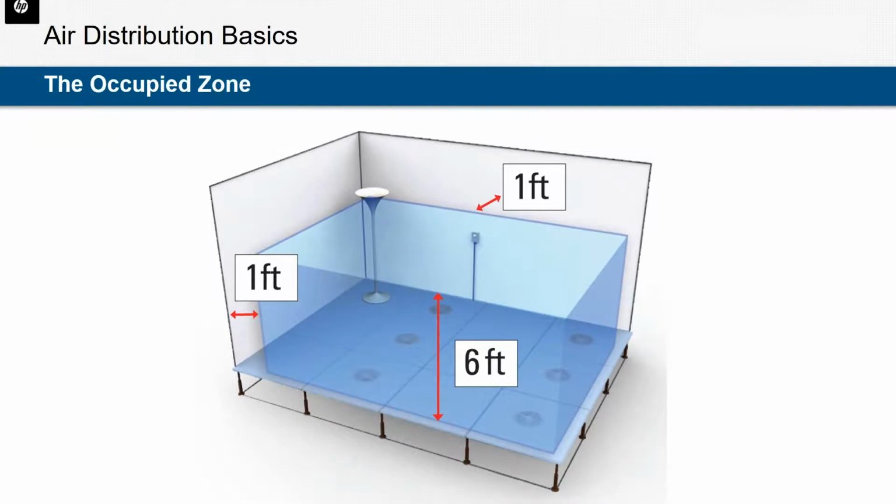The occupied zone is another general term we use to describe the actual space within a room that we would expect occupants to be inside. This controls which space we want to make comfortable. It's generally described as 6 feet above the floor and 1 foot off of adjacent walls.